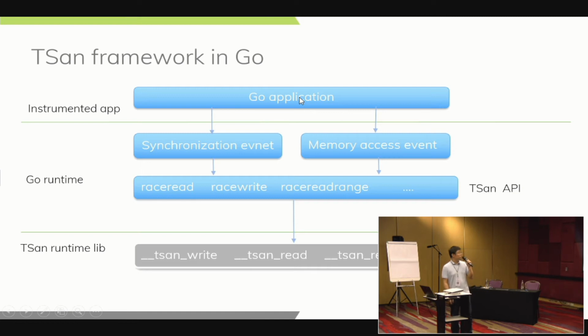All the memory access events and synchronization events generated by the application are intercepted by the TSan library. With this framework, the application instrumented by TSan can detect data races during runtime.